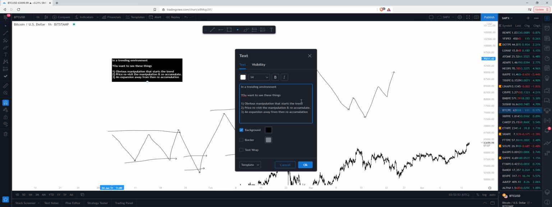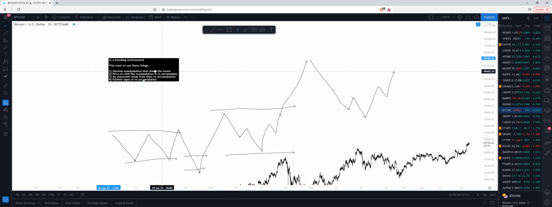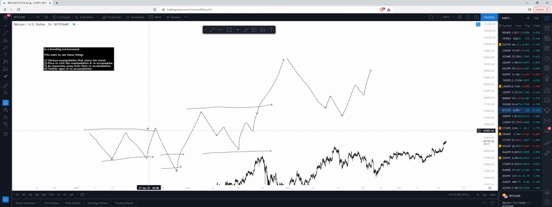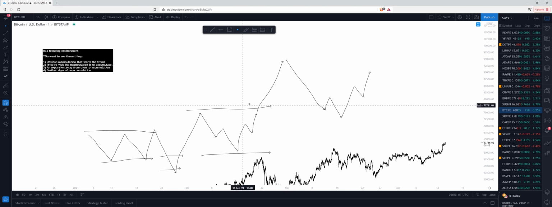And then after that expansion, you then want to see further signs of reaccumulation. So like what I'm explaining here, you have the consolidation, the manipulation, the reaccumulation, the expansion away, and then you want to see further signs of reaccumulation.